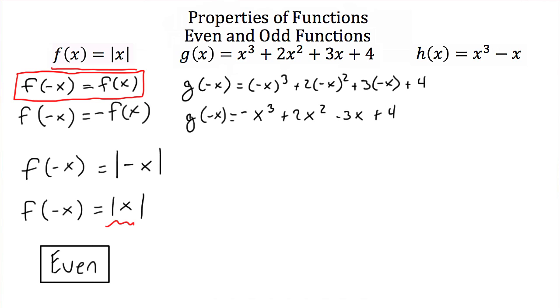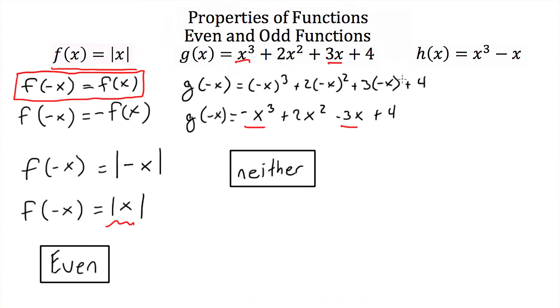All we did was switch the signs of the first and third term, but not the second or fourth term. So this equation is not f of x, and this equation is not negative f of x, because only two of the terms went negative. So this is not an even or an odd function. This function is neither.